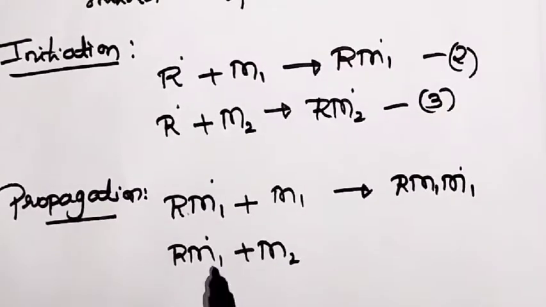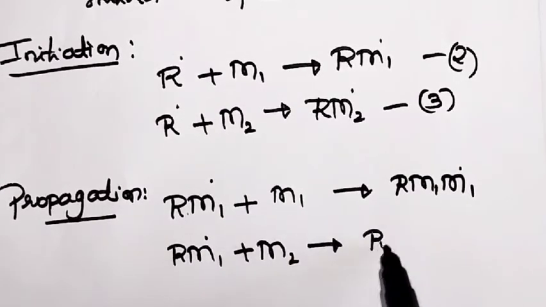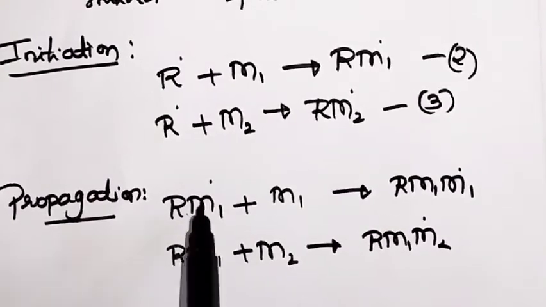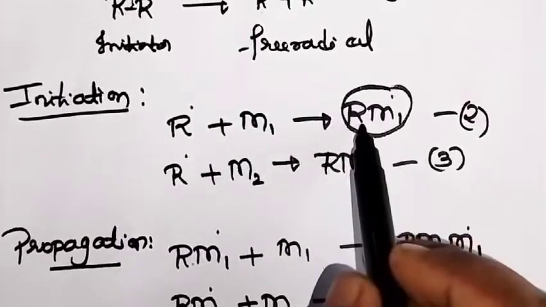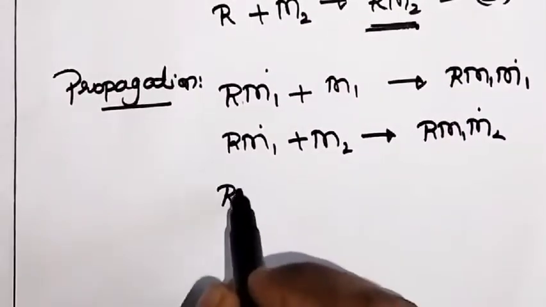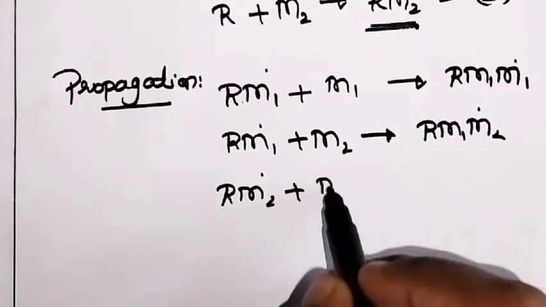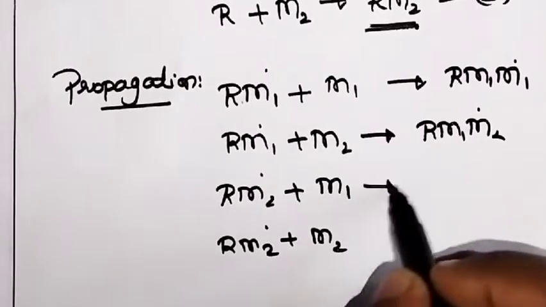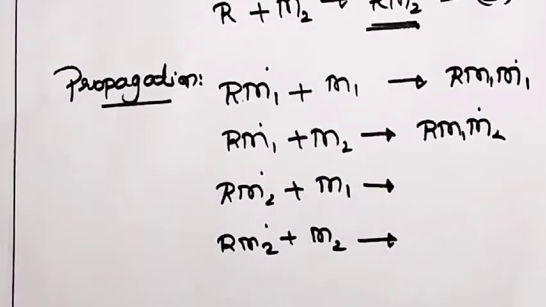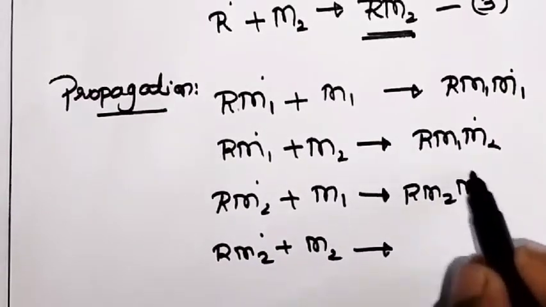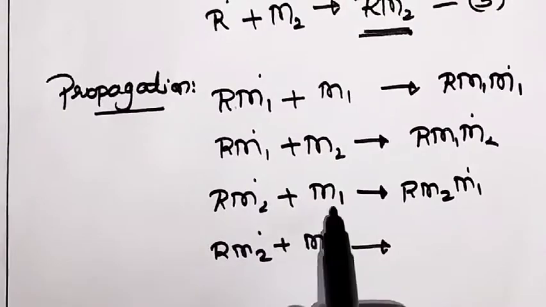Similarly, we have the M2 free radical, which can attack either M1 or M2. Here we get the M2M1 free radical, because the free radical shifts over here.